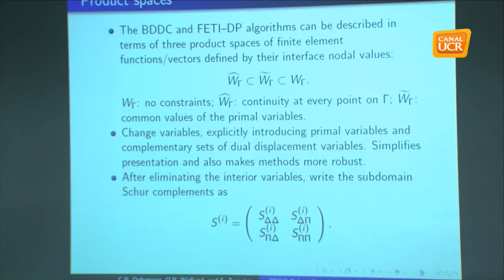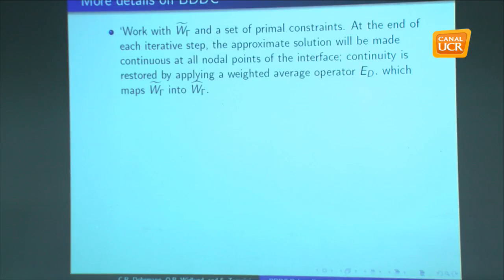And we see here, we split the space into dual and primal. And then we can partially subassemble these S_i and obtain the matrix S tilde, which is important. Okay, so we work in this partially assembled space.